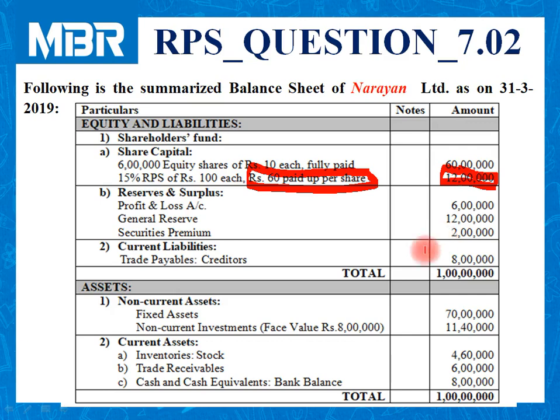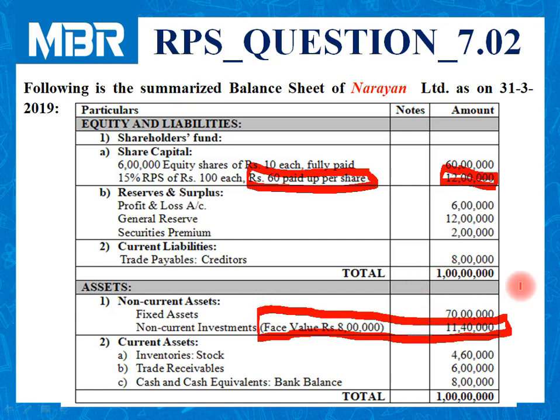On the asset side, the first item is non-current assets. It includes fixed assets and non-current investment. Here, non-current investment is one of the important adjustments, so just keep these figures in your mind.